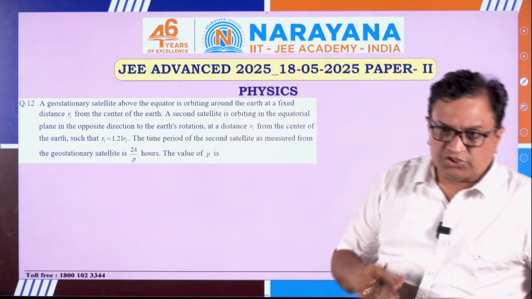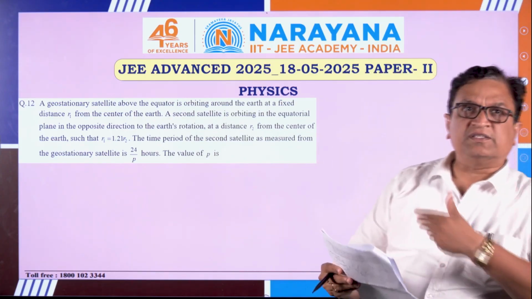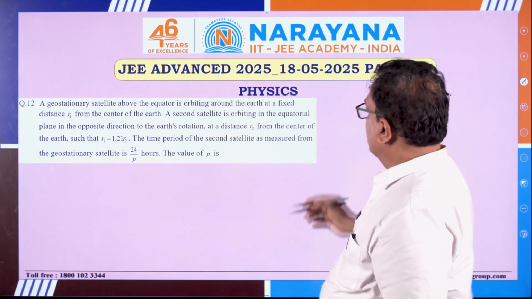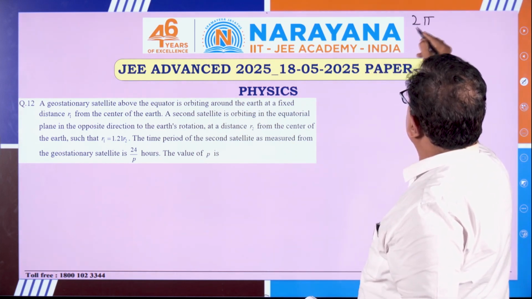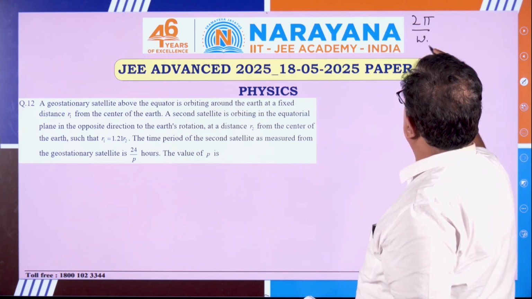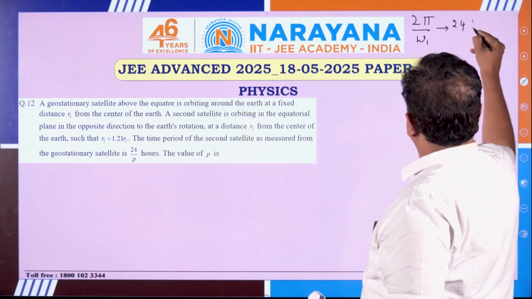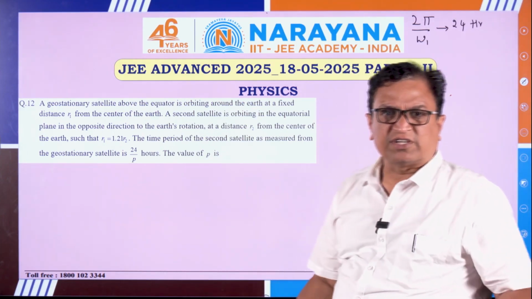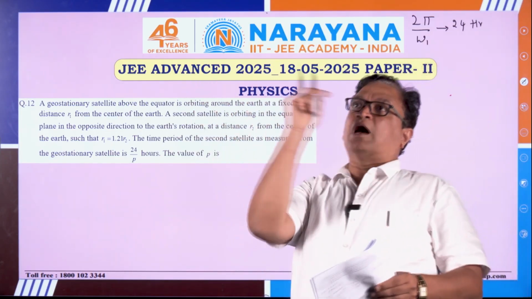See here, a geostationary satellite above the equator is orbiting. The first one is itself geostationary. So, wherever I have 2 pi by omega 1, that is nothing but 24 hours, because the first one is taken as geostationary. Fine. You took another satellite which is moving in the opposite direction.